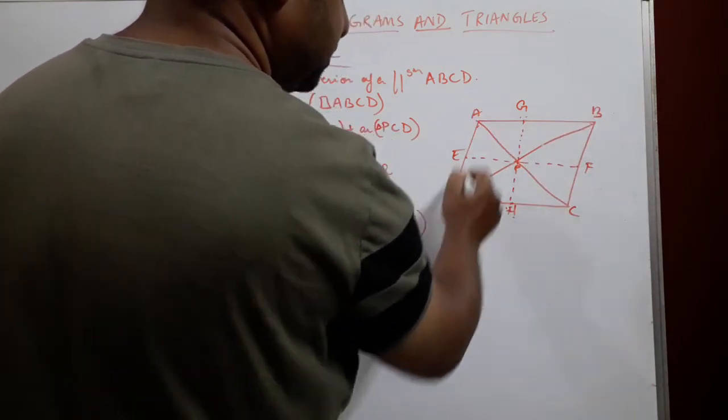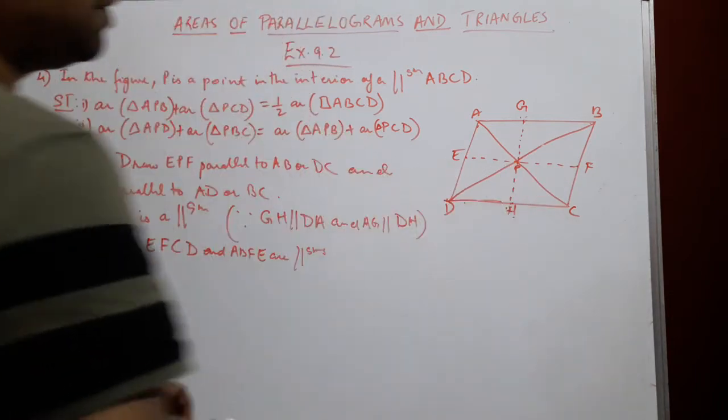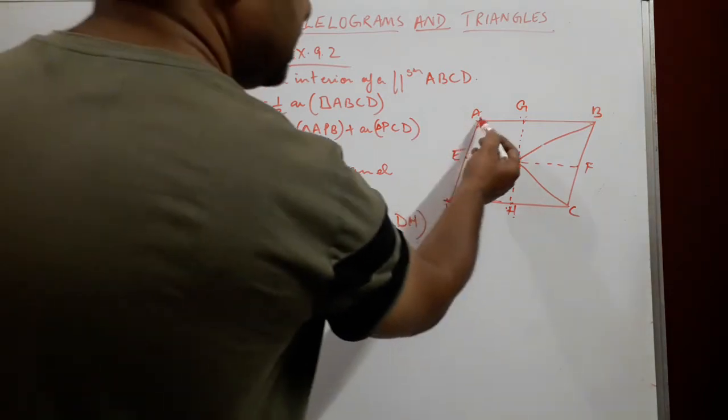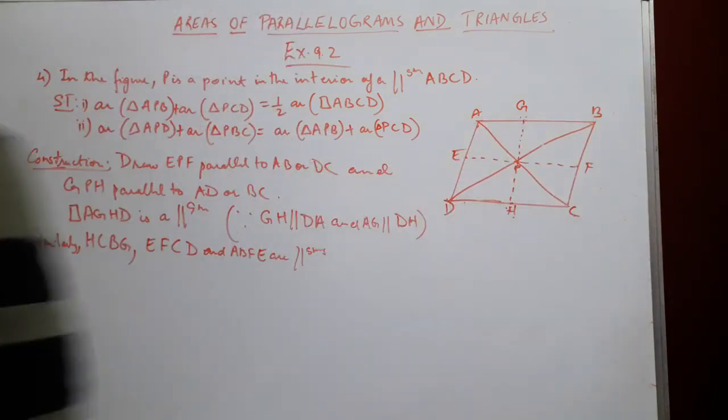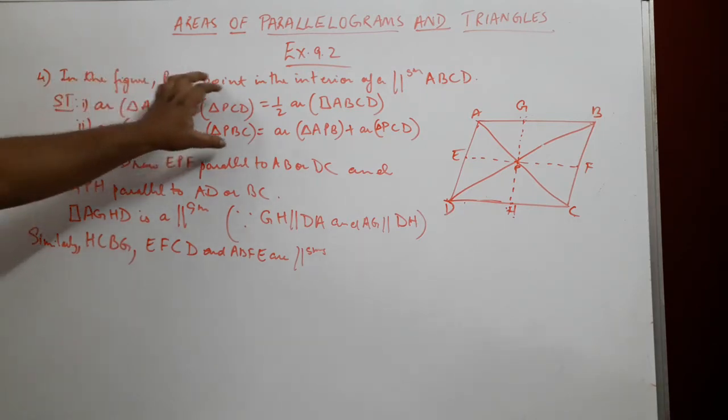This line is parallel to this line as well as this line. As a result, we have got 4 parallelograms inside the main parallelogram. The main parallelogram is which one? A, B, C, D. The reason we need so many parallelograms is because we need to show this thing.